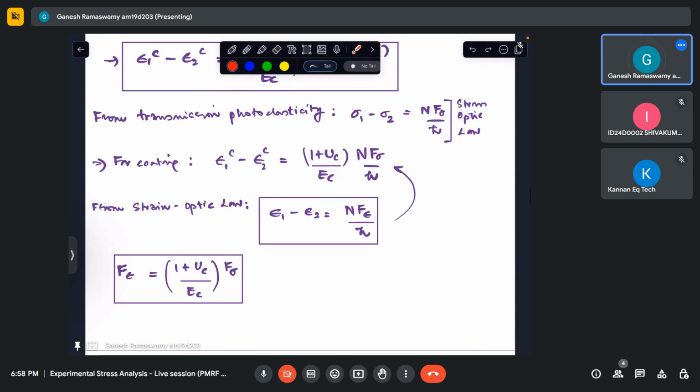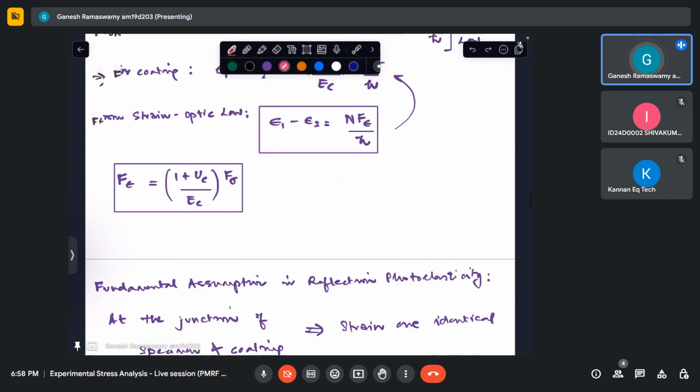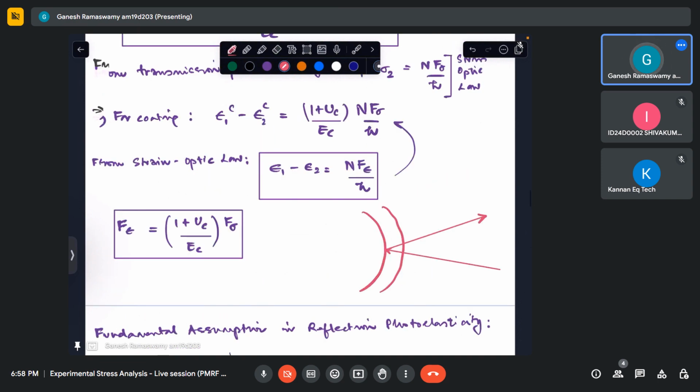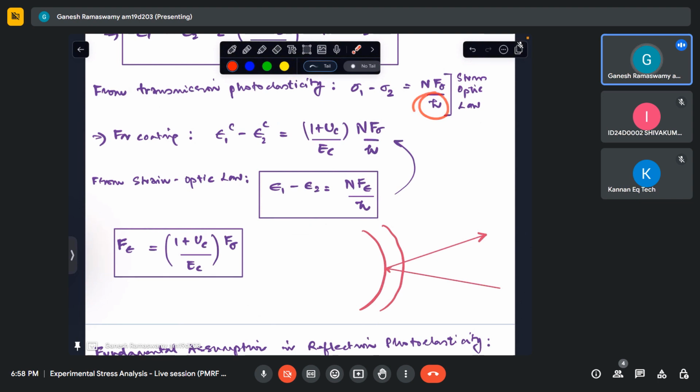If you remember, this h came to be the thickness of the specimen because we derived it from the refractive index, where for the birefringence there are two refractive indices. Essentially, they have to cover a distance h, so they will have different velocities. So in transmission photoelasticity, we call this the thickness of the specimen because that is what it is.